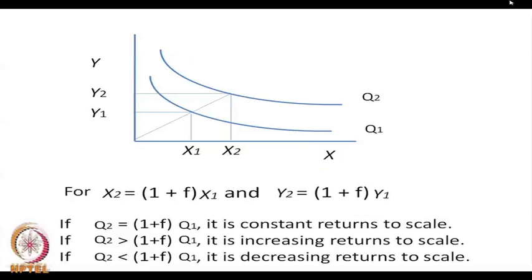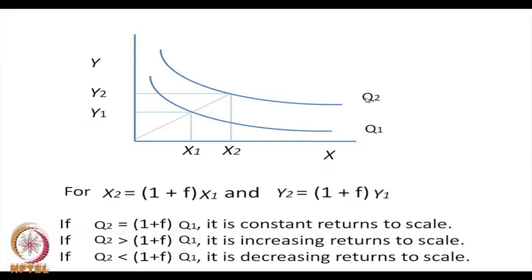Now, this is explained here in another way. As before, this is the y and this is the x axis. These are isoquants for quantity q1 and q2.